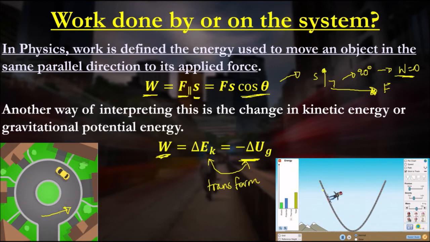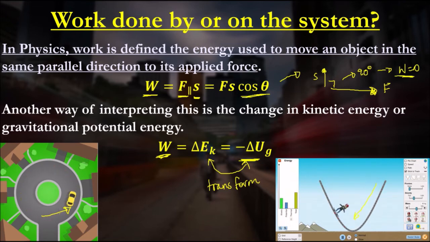If we're looking at the skateboarder going up and down, you can see that the total energy has never changed in this scenario. What has changed is the kinetic and potential energy. So at the very top of this peak, we have maximum gravitational potential.